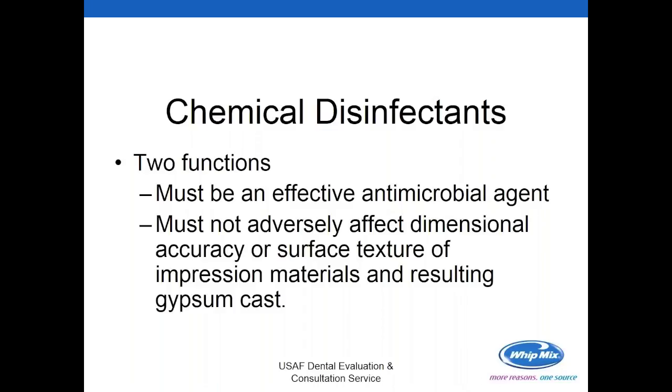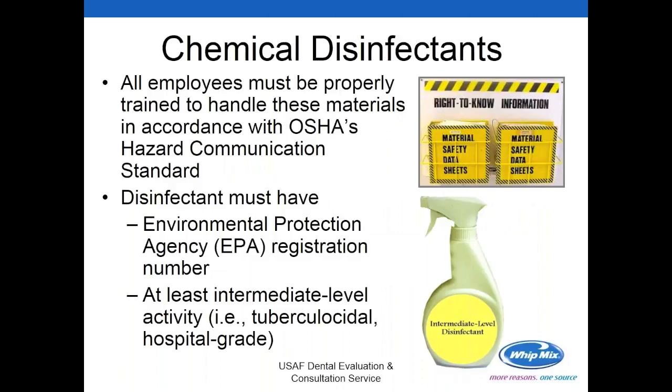Now there are lots of them out on the market, and I'm not going to promote any particular one, but you should take a look at them. I think from the beginning when we started to use things, we had some problems with dimensional accuracy, and I think we pretty much have solved that with all of the disinfectants that are out there. Just understand that there are different types.